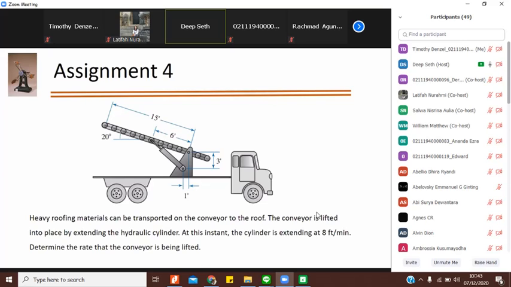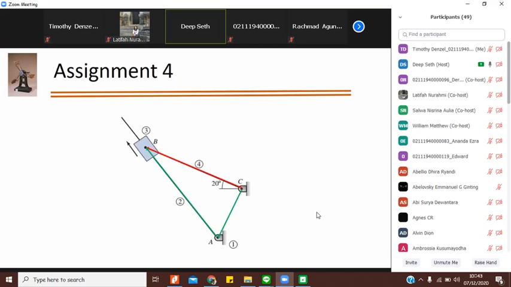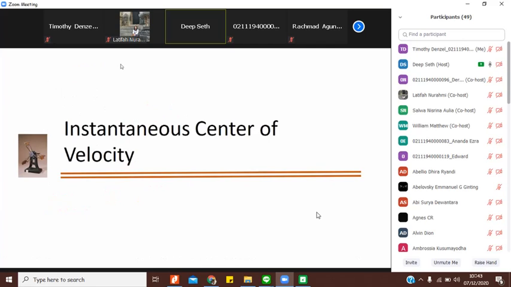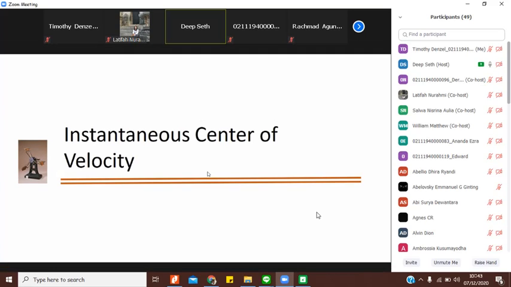Okay, so let's move to our new topic, that is instantaneous center of velocity. So what do you mean by instantaneous center of velocity?